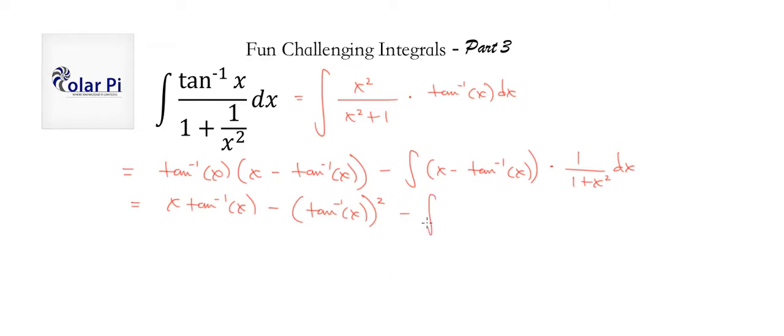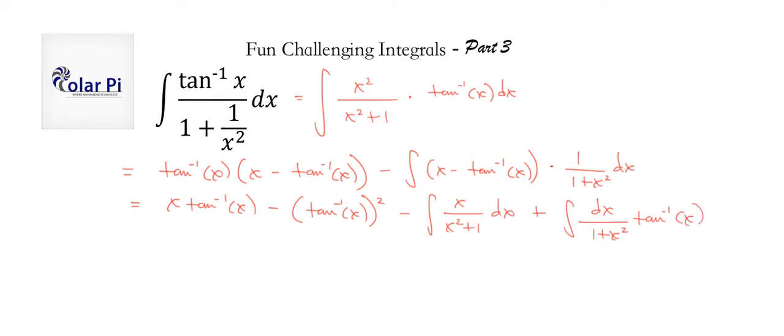And we can do that while also distributing this to both of these guys. So we're going to get minus x divided by x squared plus 1 dx. And notice minus minus is going to make this last term positive. So plus the integral of dx divided by 1 plus x squared times tan inverse x.